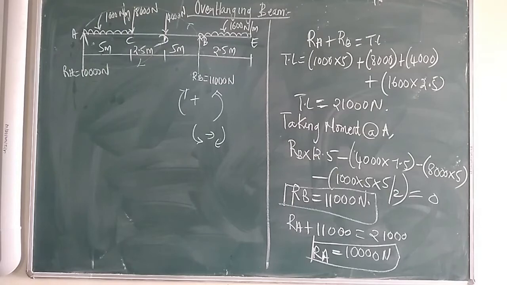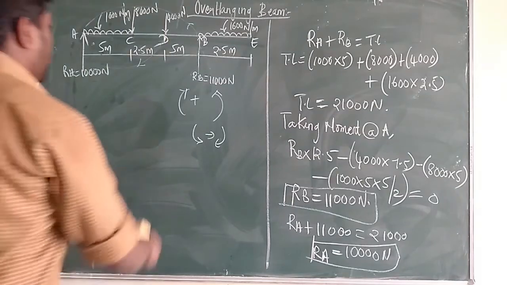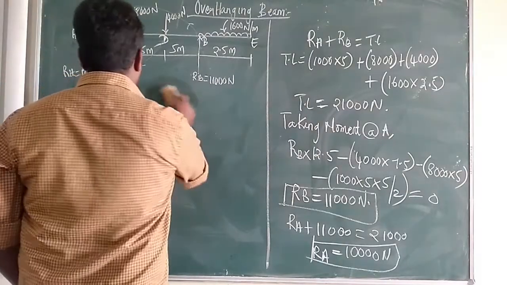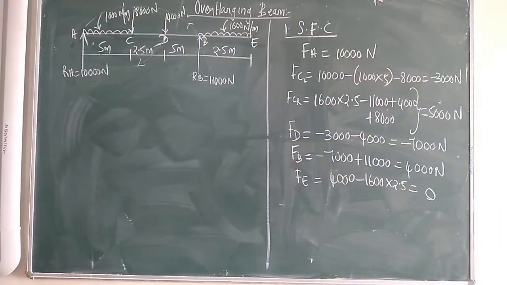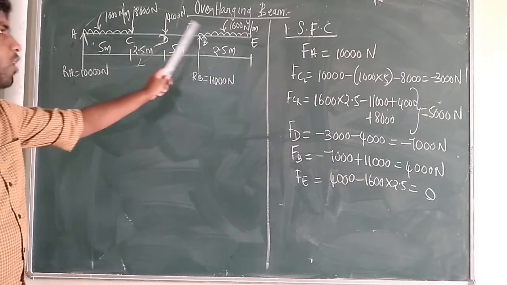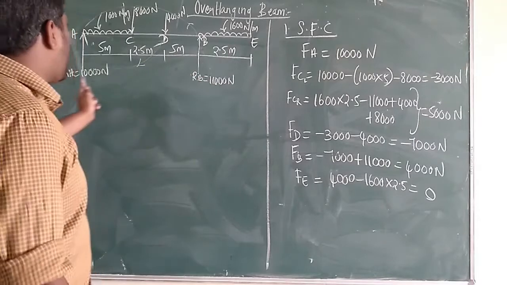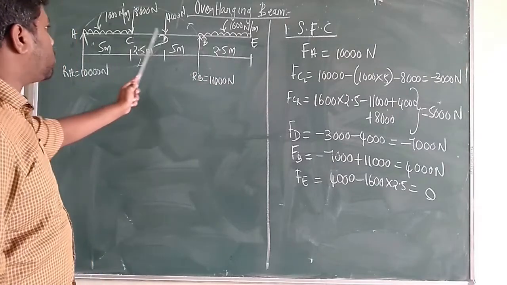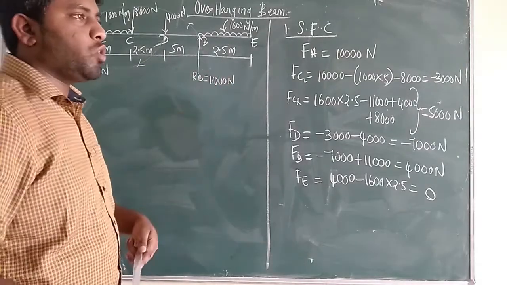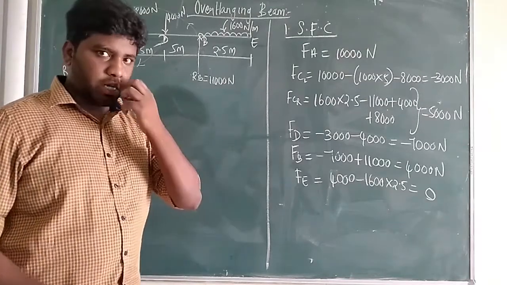You understand the concept of shear force and bending moment diagram? Yes. To calculate shear force at each and every point. How many points are there? You have A, 1, 2, 3, 4, 5. So you have to calculate shear force for each and every point.